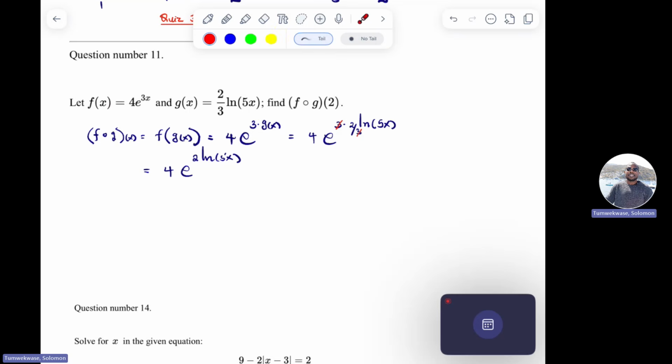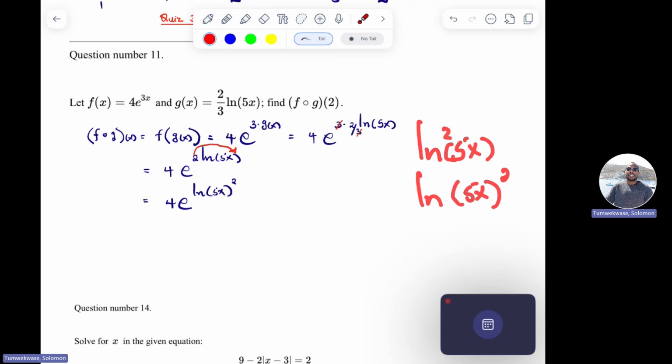Now, from the rules of logarithms, this 2 can come on top there, and we shall have 4e to the natural log of 5x, then squared. Once again, like I have been saying, natural log squared of 5x and natural log of 5x squared are two different things. This one means that you're squaring the whole function, but this one means the square is just on top of 5x.